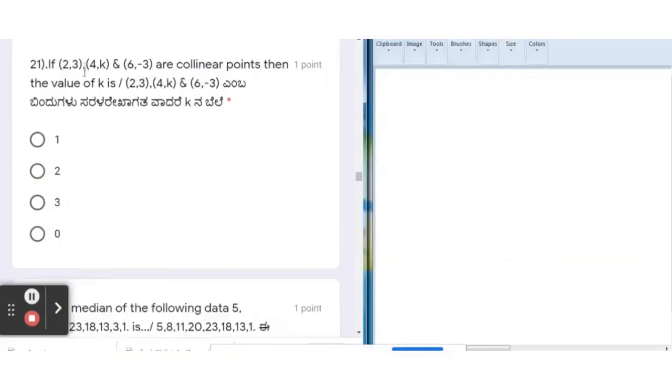21st question. If (2, 3), (4, k) and (6, minus 3) are collinear points, then the value of k is. So we know that if the points are collinear, what do you mean by collinear, students? Collinear means points lying on the same line. If the points are collinear, then the area of the triangle is equal to 0.